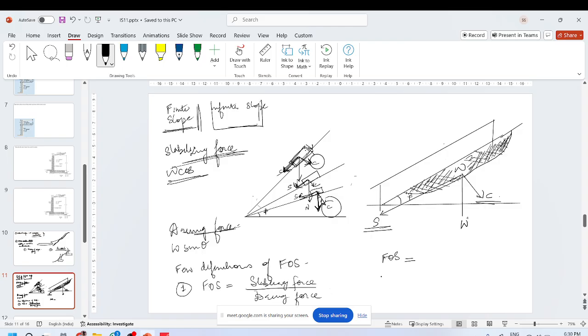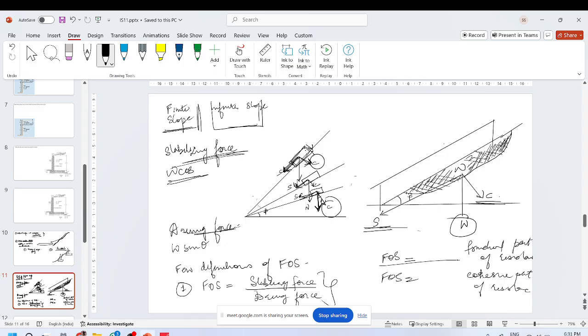Okay, but all of the methods don't, some methods take into consideration only the frictional part of resistance. Some methods take into consideration the cohesive part of resistance. So here basically what we are doing is in bulk we are taking the weight and then calculating the driving and the stabilizing forces.